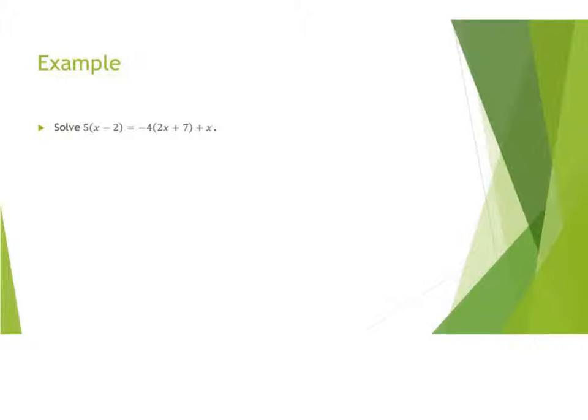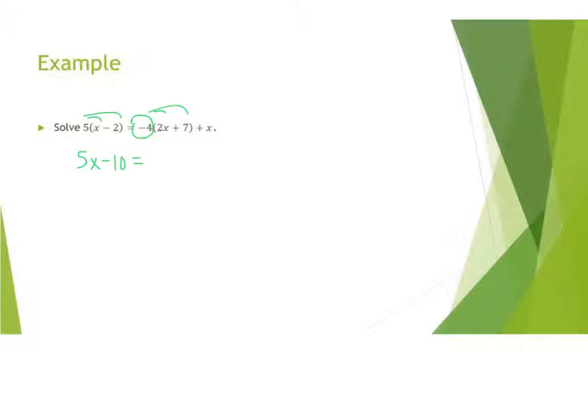One more example, and this time we brought in some parentheses. Anytime that you're looking at a number right outside of the parentheses, we're probably going to start with the distributive property. So we'll distribute the 5x minus 10, and then we're going to distribute a negative 4.